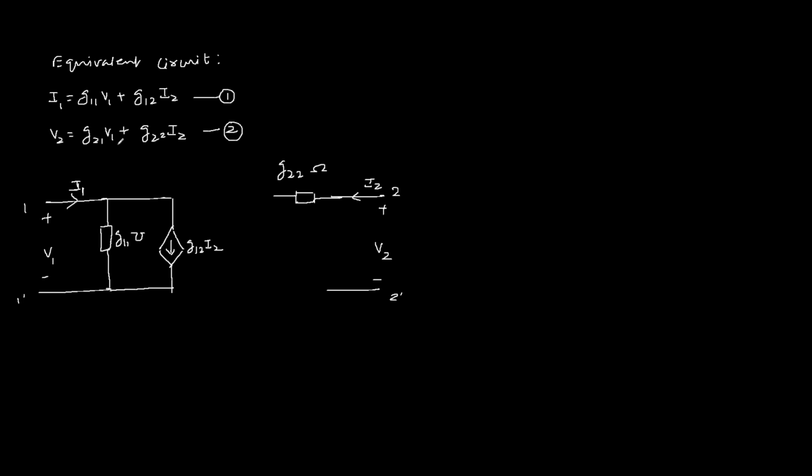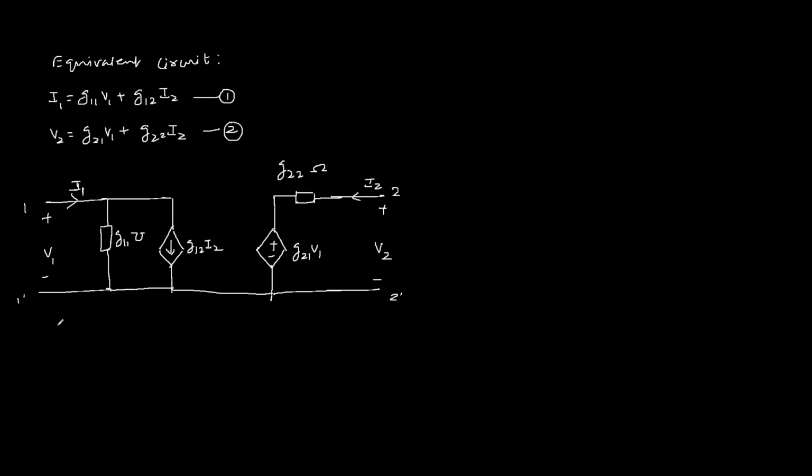So to bring V1 to port 2, we need to connect a voltage dependent voltage source in series with G22, and its value is G21 V1. So this is the equivalent circuit for the equations of G parameters or inverse hybrid parameters.